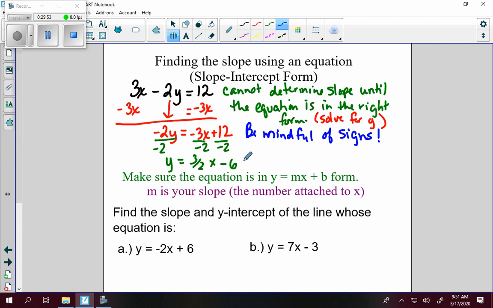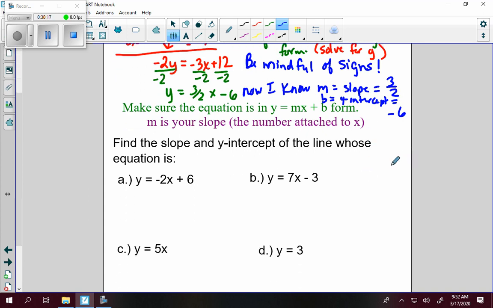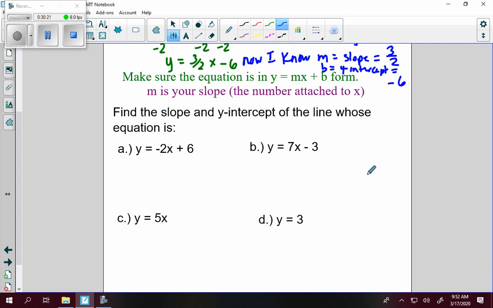Now I know my m is slope, which is 3/2, and my b is y-intercept, which is -6. We're going to talk about what y-intercept is after we do this.